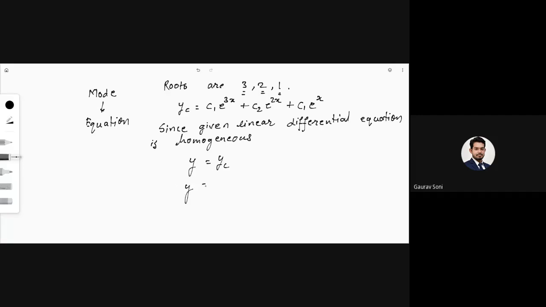So y is equal to c1 e to the power 3x plus c2 e to the power 2x plus c3 e to the power x. So this is how you find the solution. I hope it is clear.